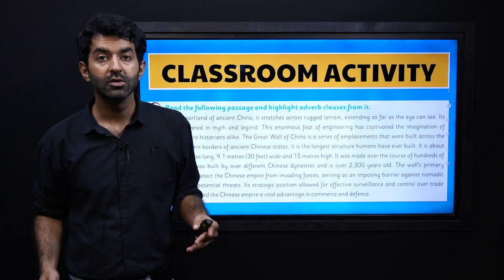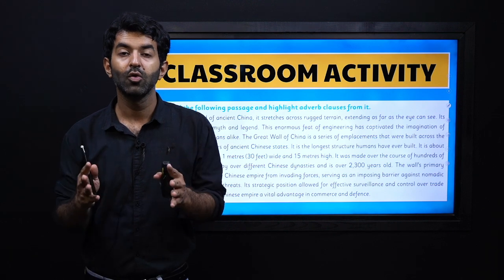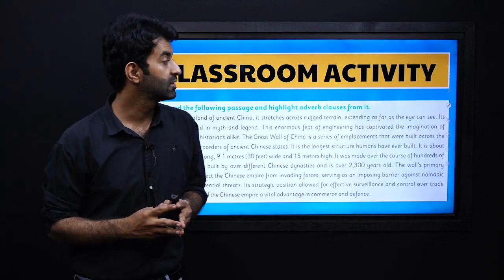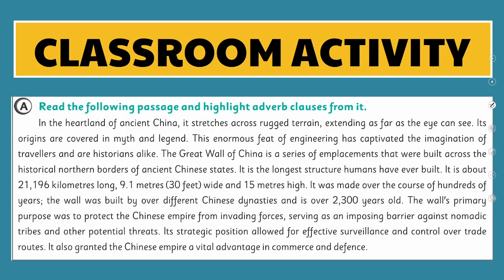Now, students, for the classroom activity, you may pause the video right now. You can see this activity and perform it. Read the following passage and highlight the adverb clauses from it. In the heartland of ancient China, it stretches across rugged terrain extending as far as the eye can see.